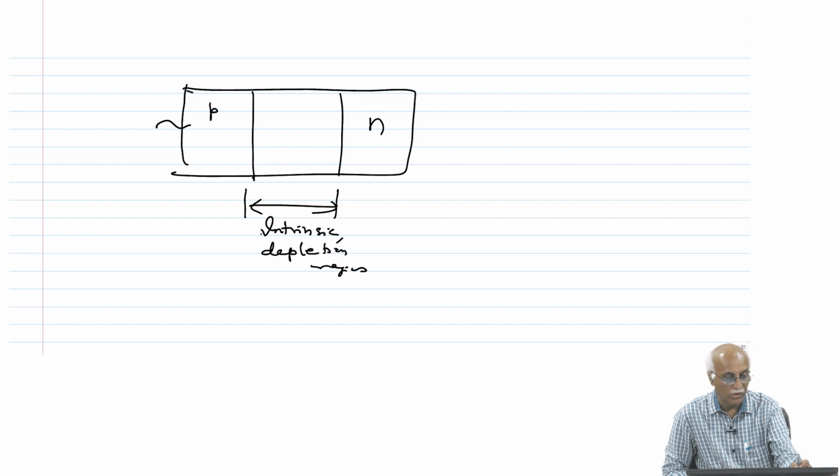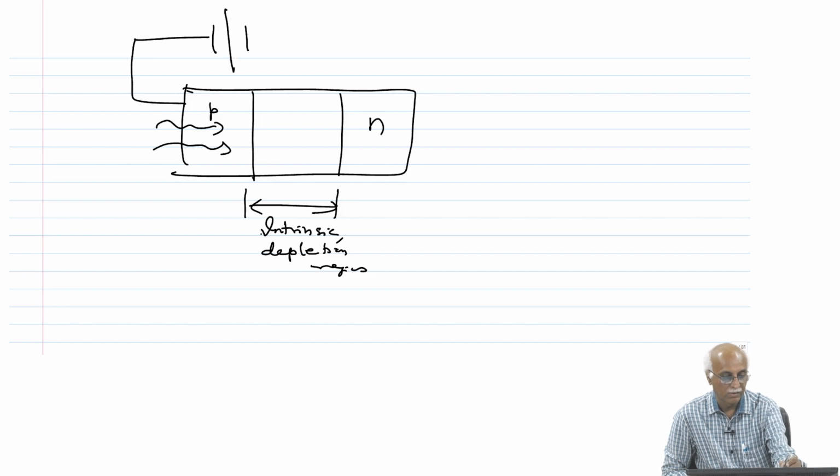Whatever photons are coming will get absorbed in this region, and we will apply a reverse bias.